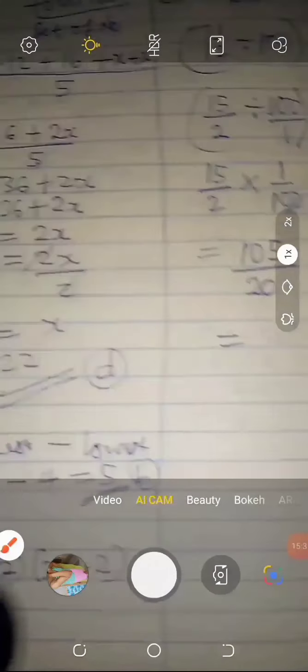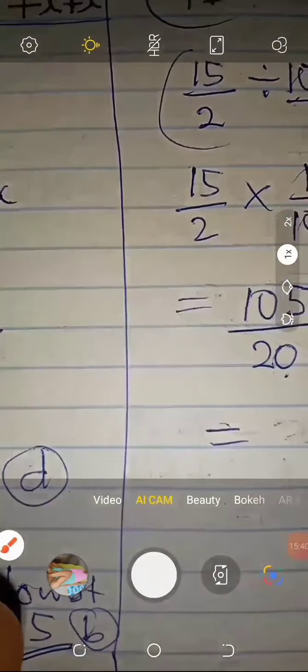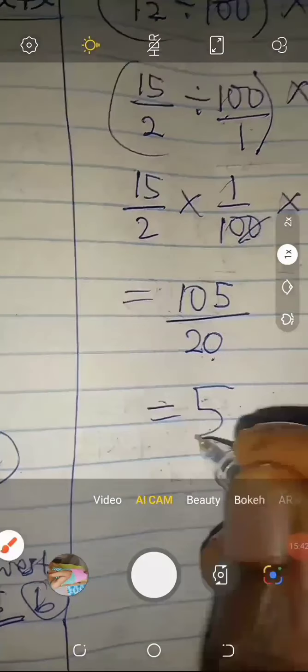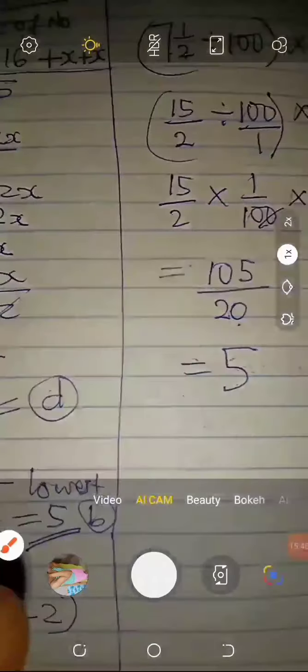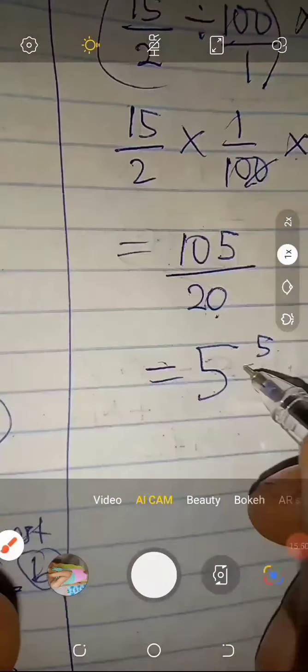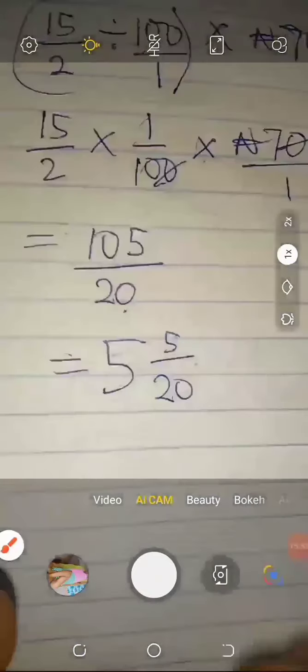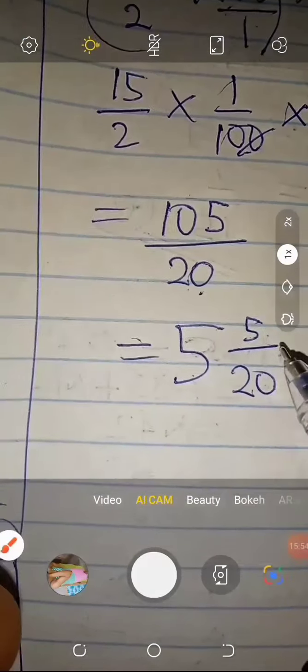So we just say that 20 will go into 105 5 times, because 5 times 20 is 100. So we have 5 remaining, so 5 all over 20.